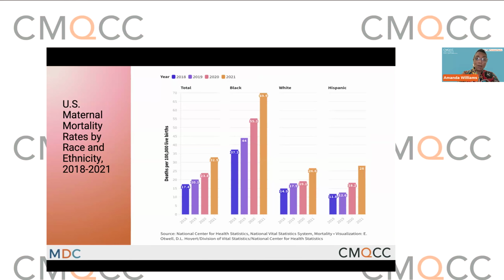And the connection between mistreatment and maternal death is tighter than we might imagine. Care experience, positive treatment is not just a nice to have, it's actually associated with better safety outcomes.